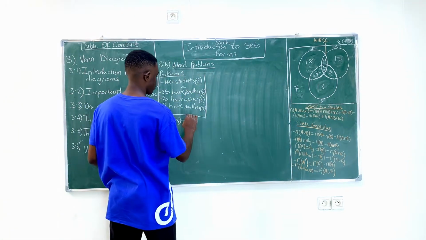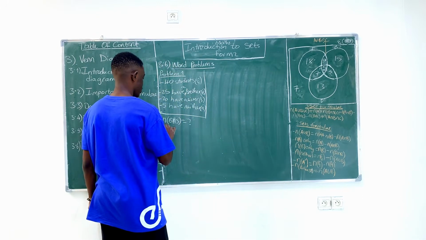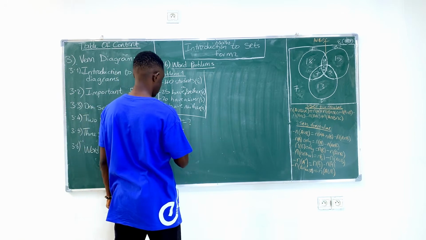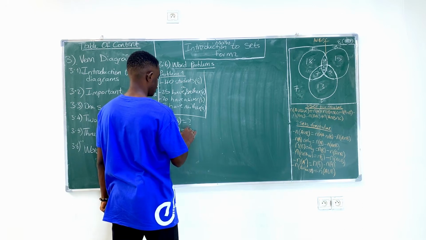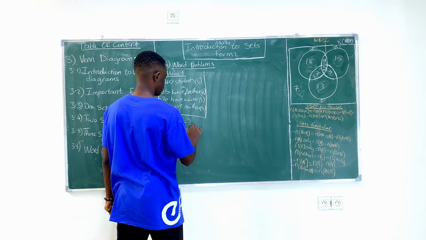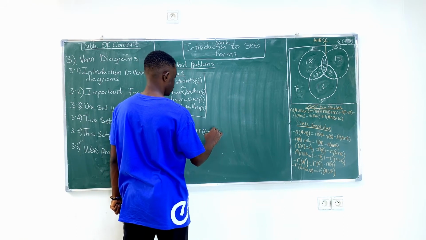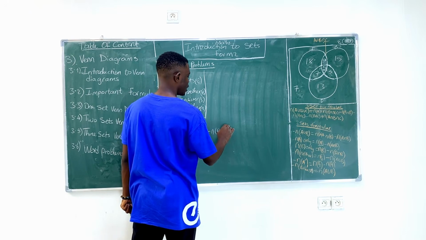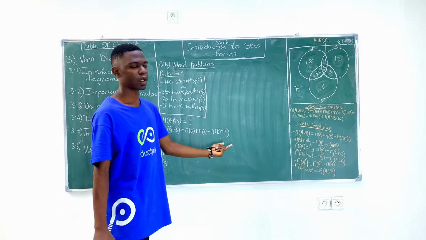So you know that n of B union S is equal to n of B plus n of S minus n of B intersection S. We know this formula.